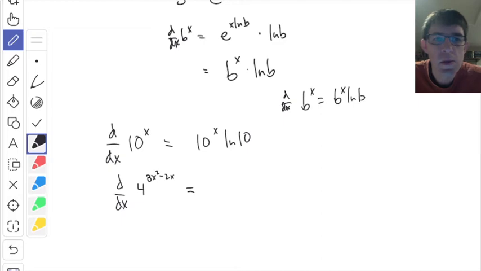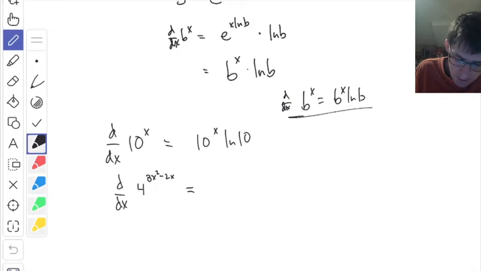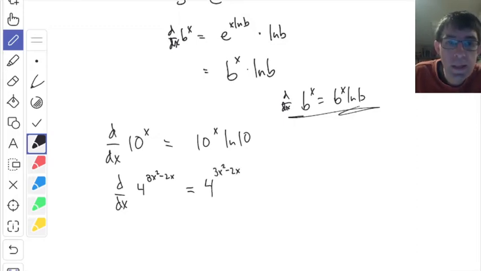We're going to use that formula where b is 4. And instead of x, I have that extra stuff, 3x squared minus 2x. So it's just plugging into this formula directly. On the right side, you get b to the x again, which is going to be 4 to the 3x squared minus 2x again. And then times ln b, which in this case is the natural log of 4.